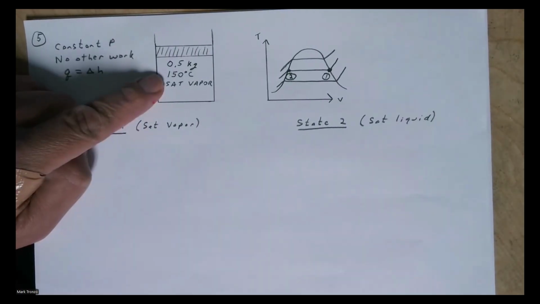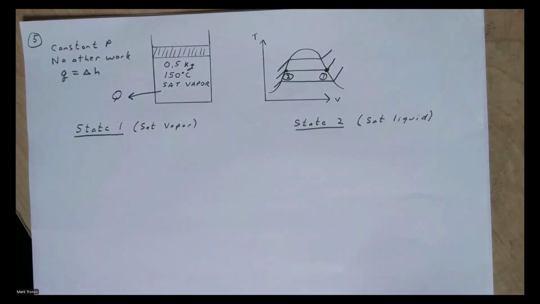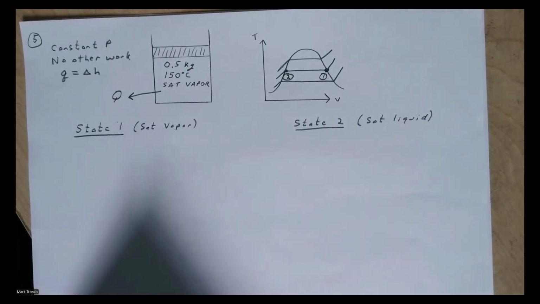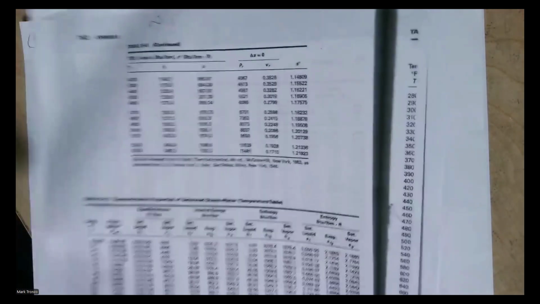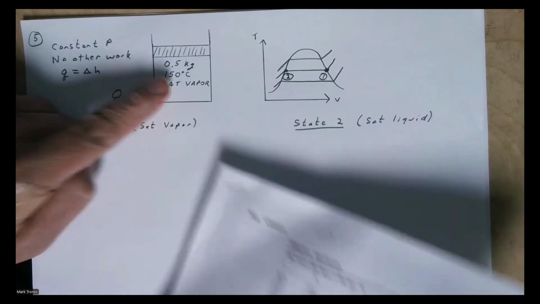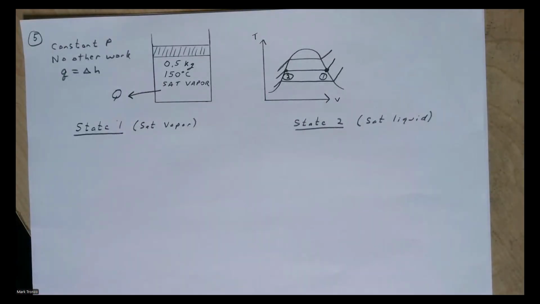And so we're going to have to find out what we have here. So we can look up in our saturated steam water table, we can look up 150 degrees C.